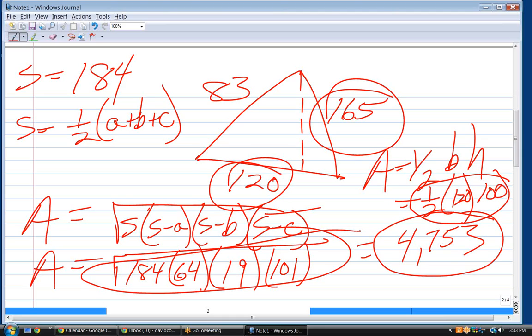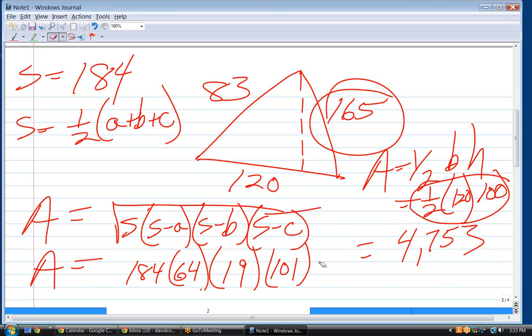That's kind of the way I do my ballpark tests. Especially when you're using a strange formula, like Heron's formula, it's easy to get off by a substantial amount. You can be off by a factor of 10 if you don't do it right, and so you always want to apply your ballpark test. I can approximate the area of this triangle.